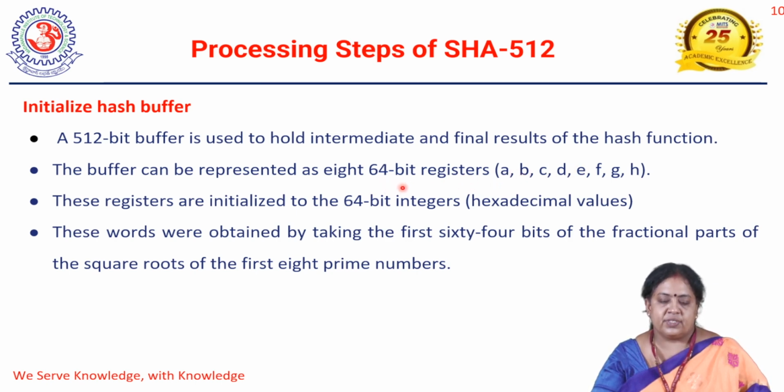These registers are initialized to 64-bit integers, obtained by taking the first 64 bits of the fractional parts of the square roots of the first 8 prime numbers. We take the square roots of the first 8 primes, and their fractional parts are taken as the 64-bit integers. That is part of initializing the hash buffer.